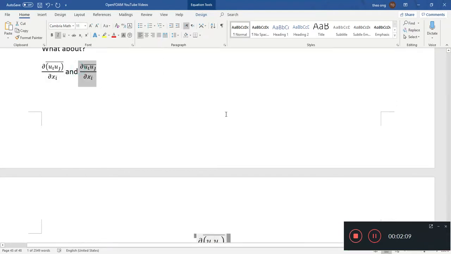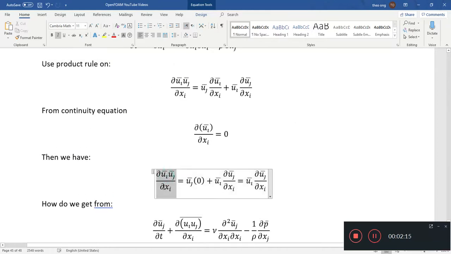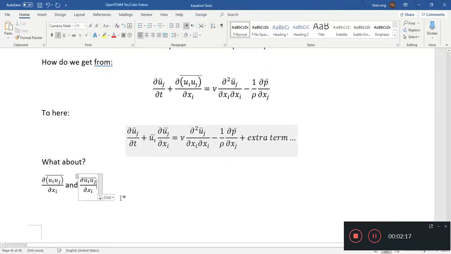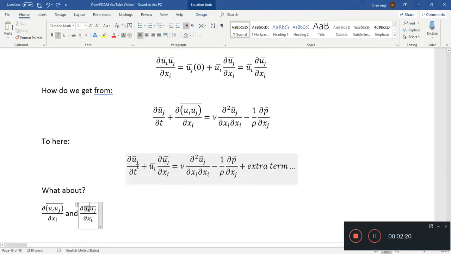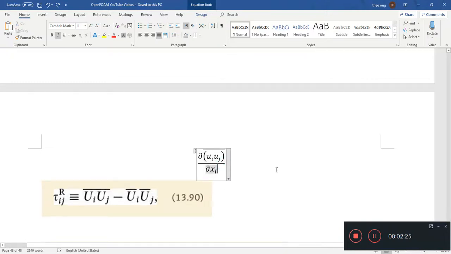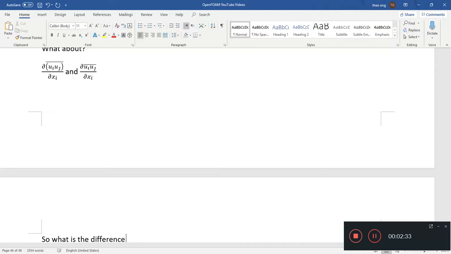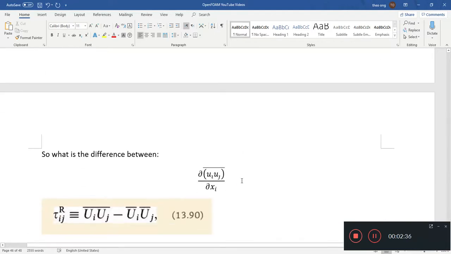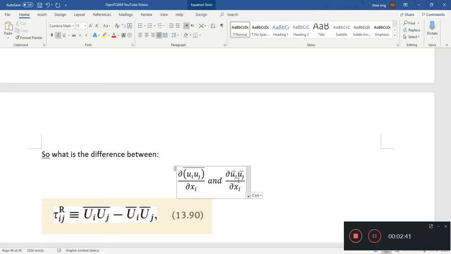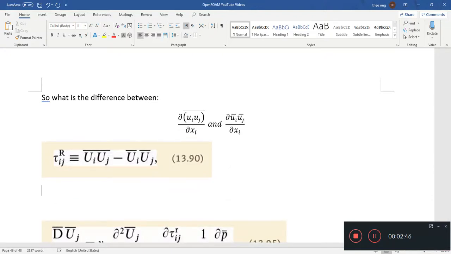So what is the difference between this and this? The difference is measured in, like, Reynolds stress.